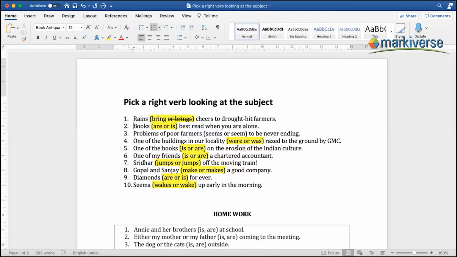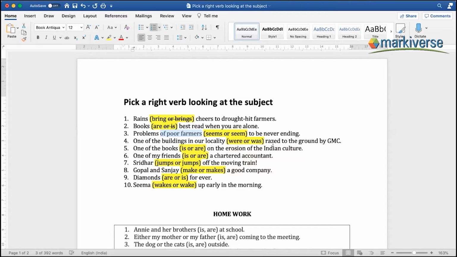So again, let's go to the second one, books. Books are or is, it is simple. Books are, I'm going to knock off is. Problems of poor farmers seems or seem to be never ending. Which one do I need to pick? Problems is the subject. You might say that poor farmers is the subject, but poor farmers is not the subject here, because we are talking about problems of poor farmers.